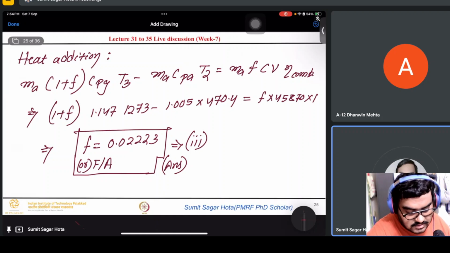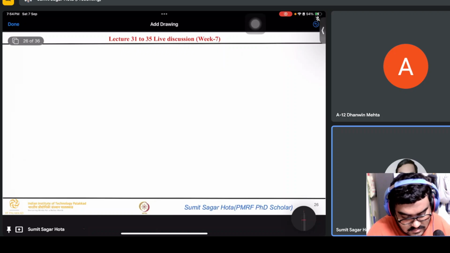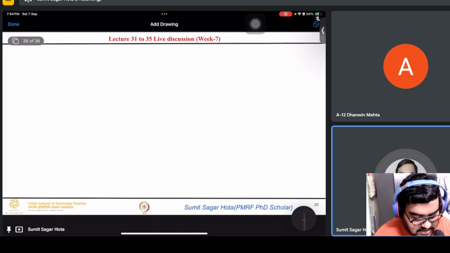Now the next target will be to find out the turbine work.